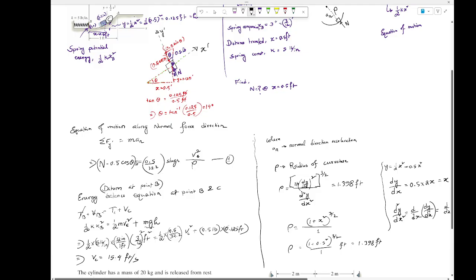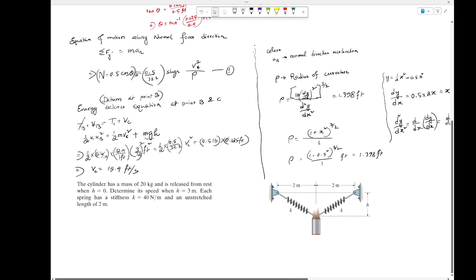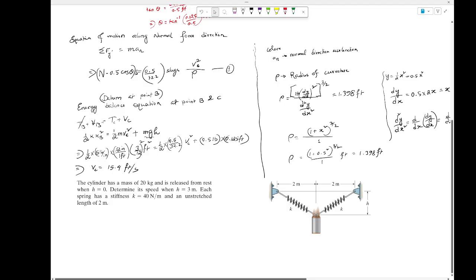Let me know what is the value of n, because I do have a different value of n. Let me just move some of the things.